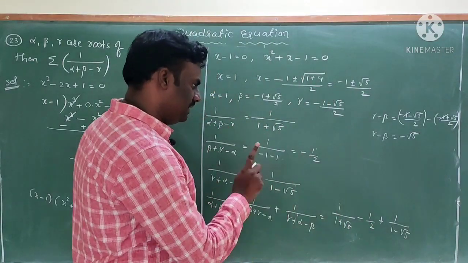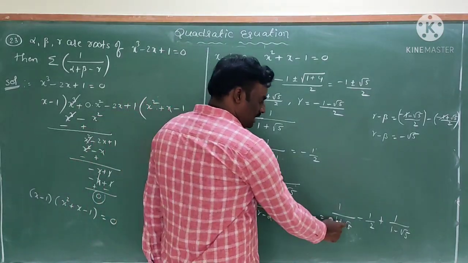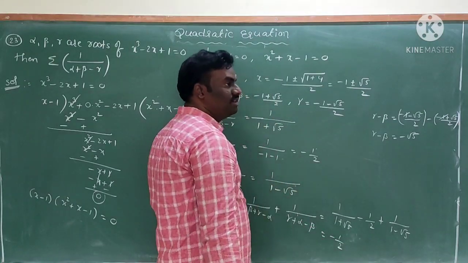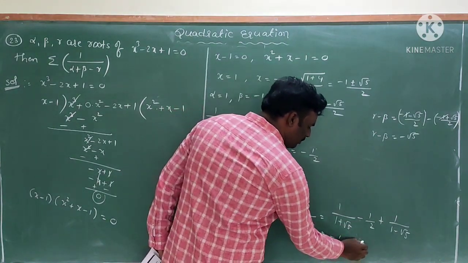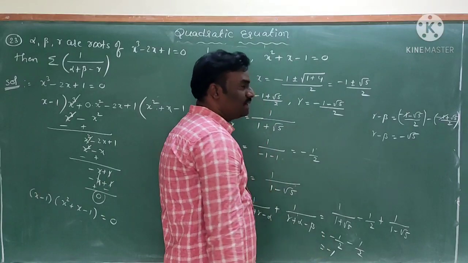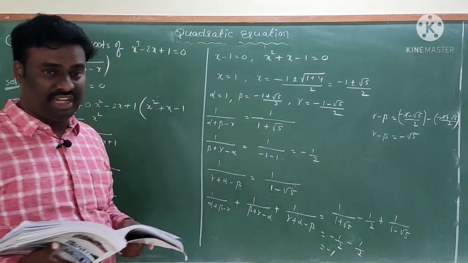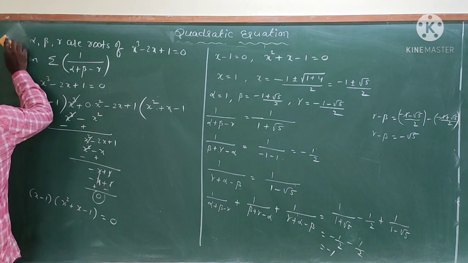If you simplify the first and last by taking LCM, what will we get? Because here the first value root 5 cancels, then minus 1 by 2 we get. That is the simplification of the first term and last term. One more minus 1 by 2 is there, then minus 1 by 2, minus 1 by 2, that is nothing but the answer is minus 1. Option 3 is the correct answer for this question. That is question number 23.